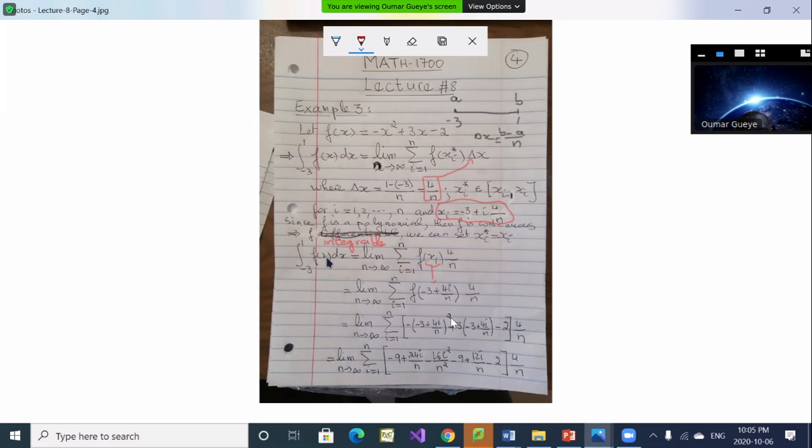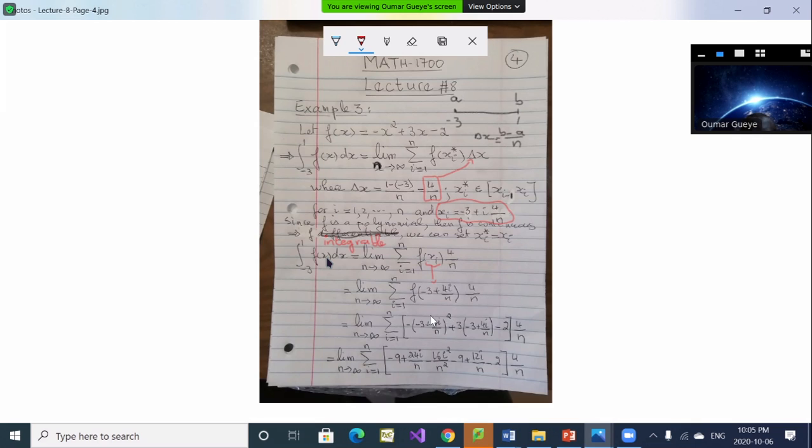This is your x, you square it. Plus 3 times x, you substitute x by this term again from the second term. And the last term is -2. And outside the square bracket, this is my delta x. I just copy it from here.